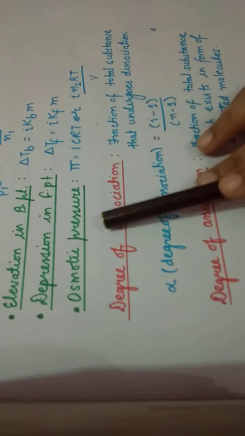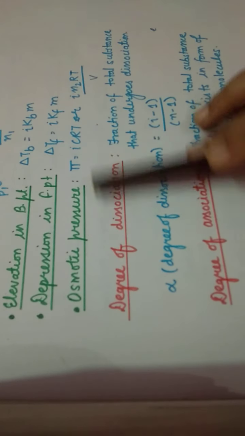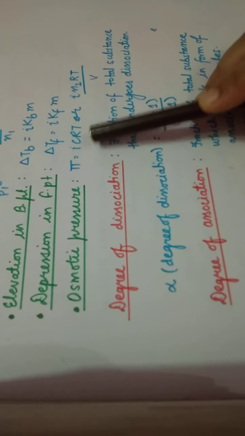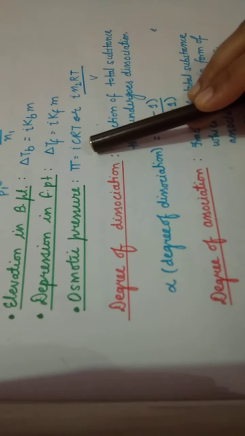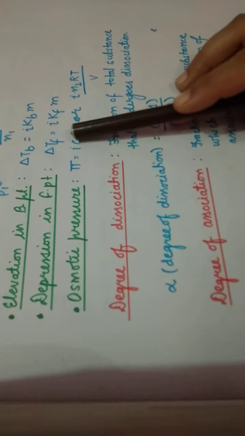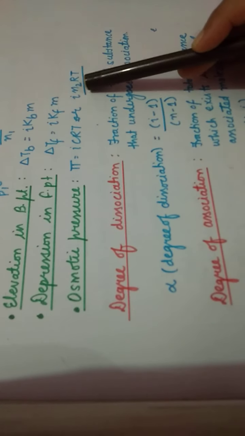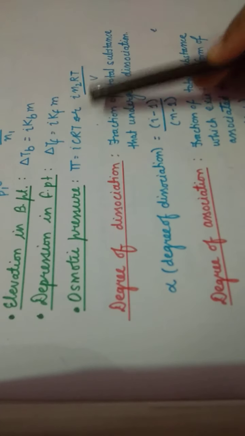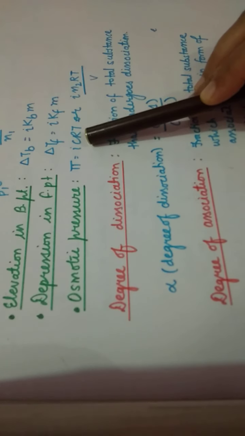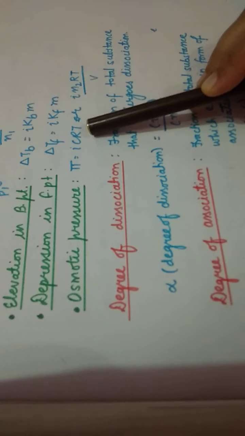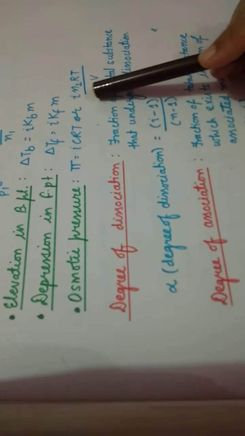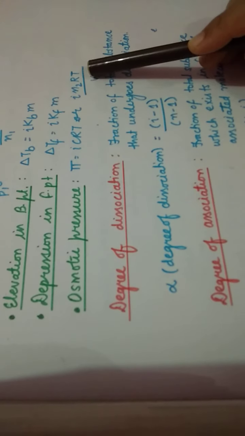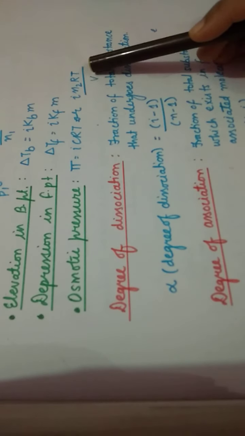After inclusion of Van't Hoff factor I, the modified form becomes pi is equal to ICRT, where I is the Van't Hoff factor and C is the molarity, and molarity is number of moles of solute, that is N2, upon volume of solution in liters. On putting the value of C in this equation, we get pi is equal to I N2 RT upon V.